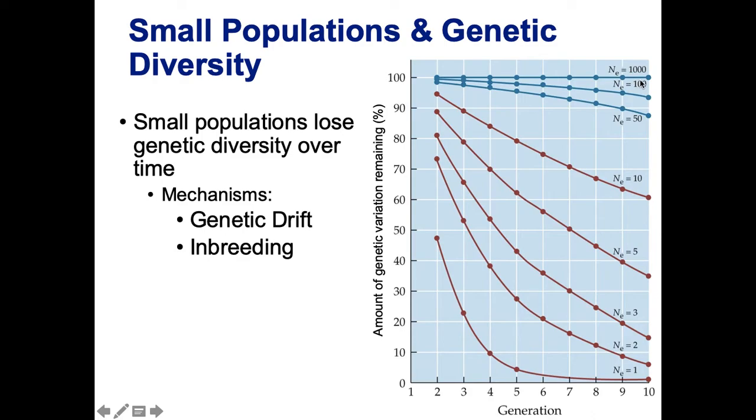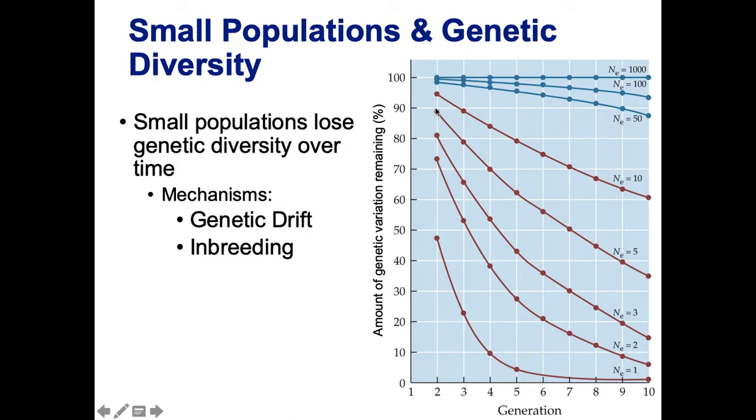So 1,000 loses no genetic variability. If you have 100 breeding individuals, you might lose 5%, but not very much over 10 generations. 50 individuals loses a little bit more, but you start to really get in trouble when you get 10 or less breeding individuals. This is breeding individuals, not all the individuals.